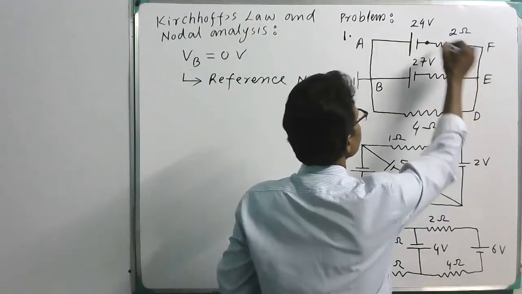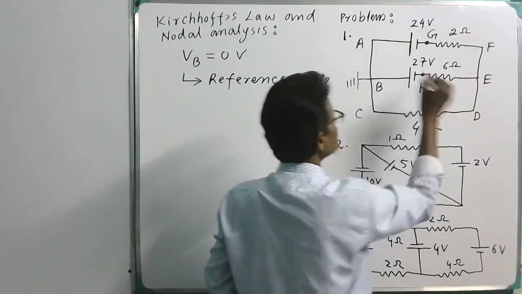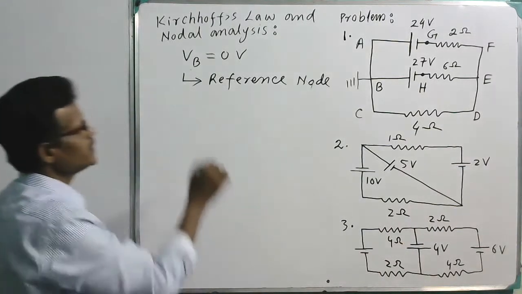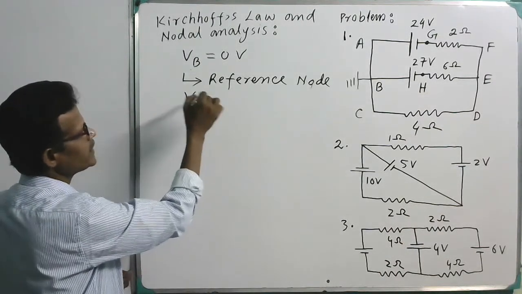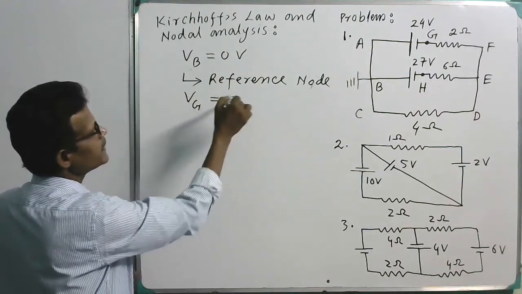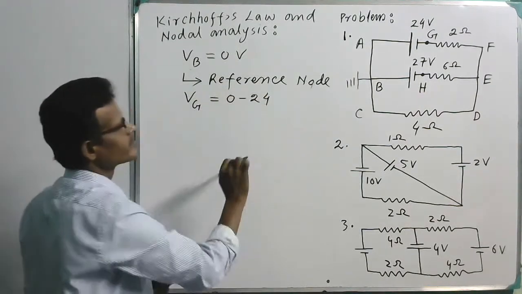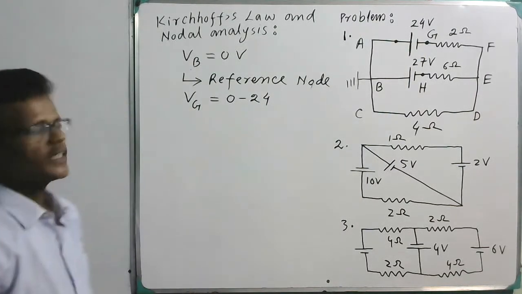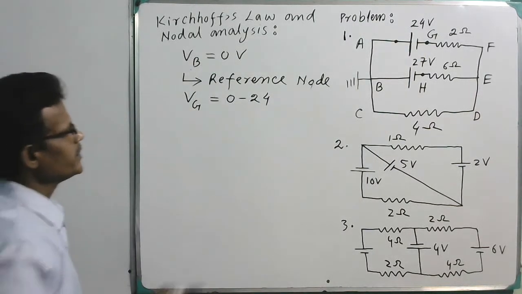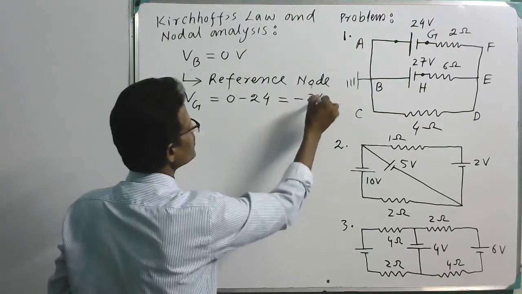Say this point is G, this point is H. The potential of point G, Vg, is basically 0 minus 24, because the potential of the positive terminal of the cell is 0, so this is minus 24 volt.